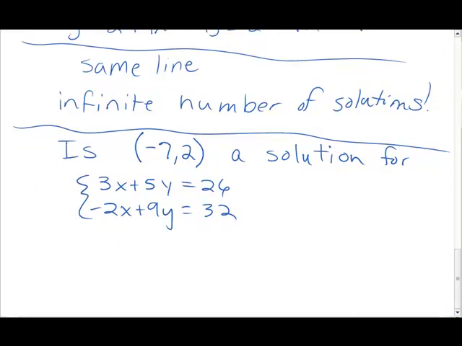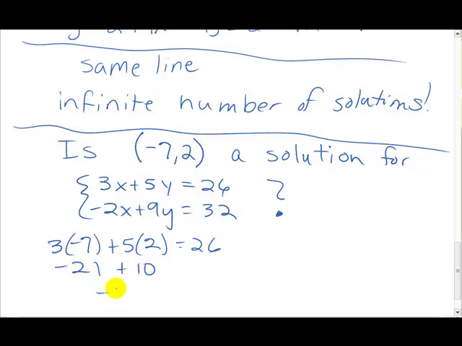And if it's a solution, it has to be for both. So if it's yes for one of these but not for the other, then it's a no for the whole thing. So let's take 3 times x plus 5 times y equals 26. It's going to be 3 times -7 plus 5 times 2, negative 21 plus 10. That's -11, and that does not equal 26.